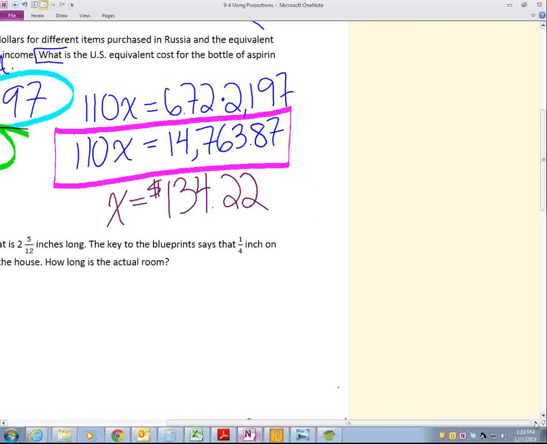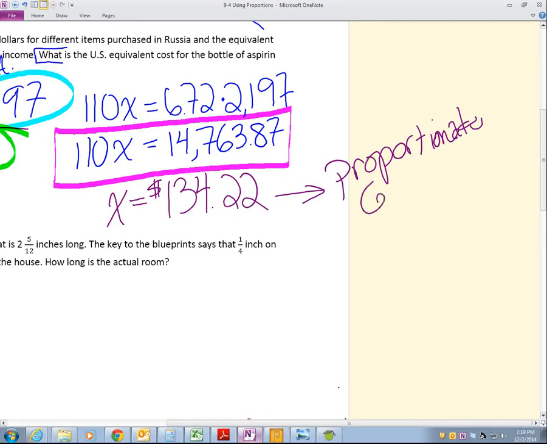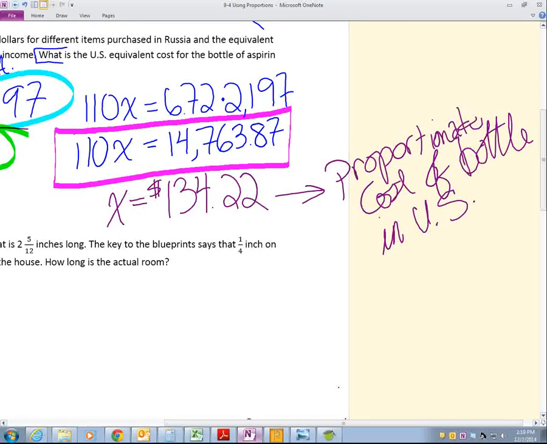Okay? So this is the proportionate cost of the bottle in the U.S. I'm just trying to hustle through this. Yes, ma'am.